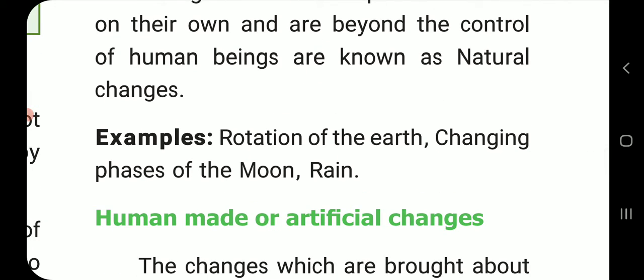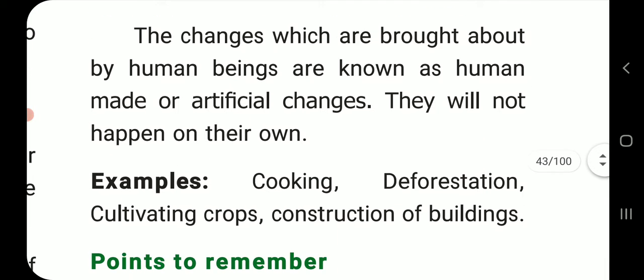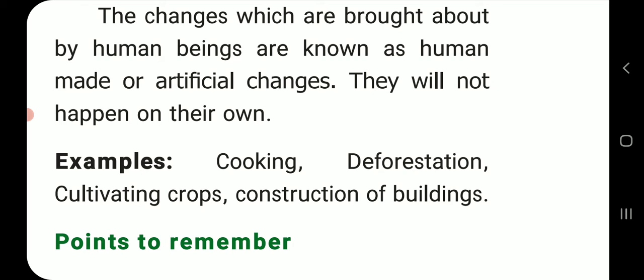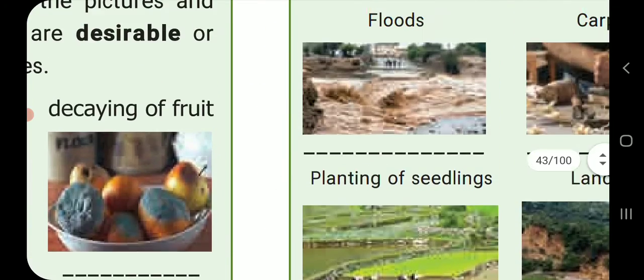Human-made changes include cultivating crops, construction of buildings and cooking. See, these are artificial changes which are made by humans. Okay, with this the types of changes are over.